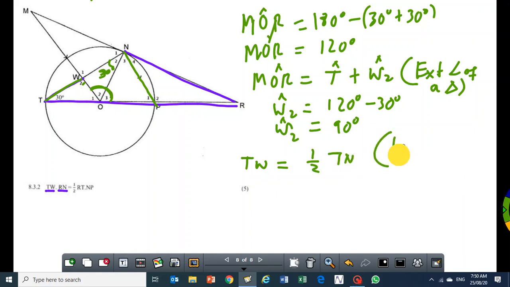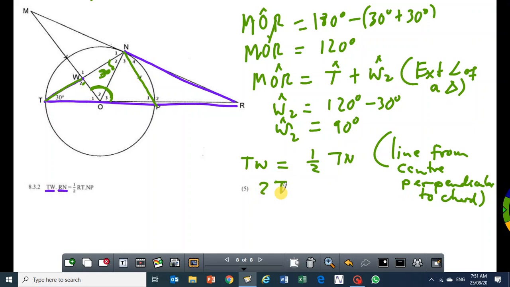And my reason: line from center perpendicular to chord. So now I can even write this: 2TW is equal to TN, if I want. So I've got that part.